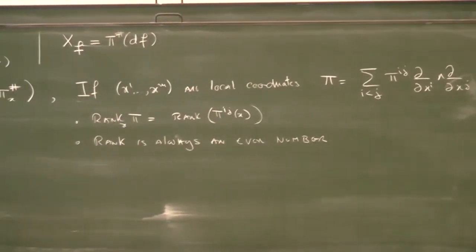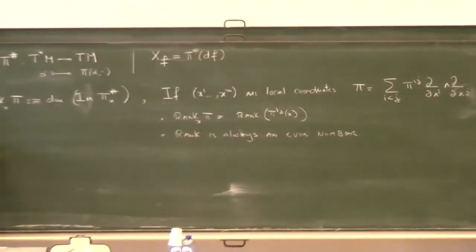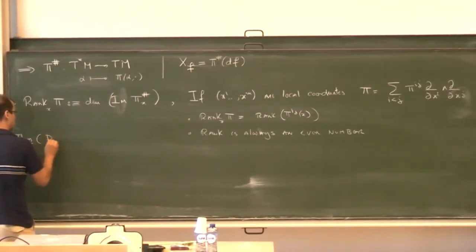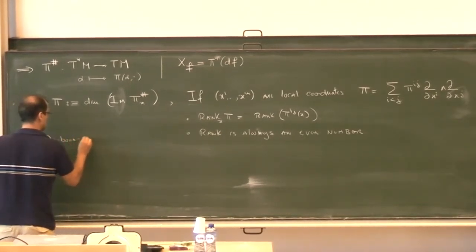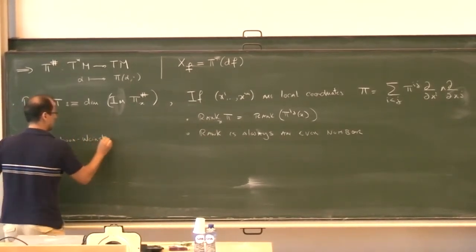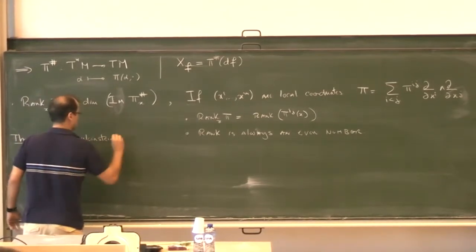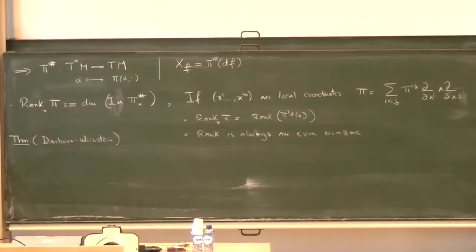Alright, so now here's the first theorem in Poisson geometry. It's called the Darboux-Weinstein theorem.